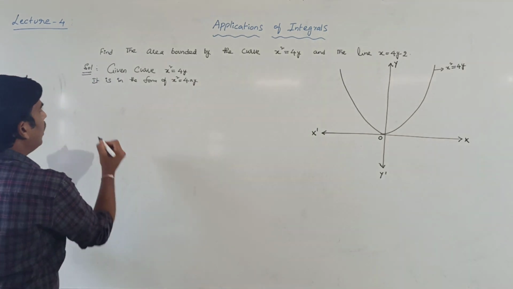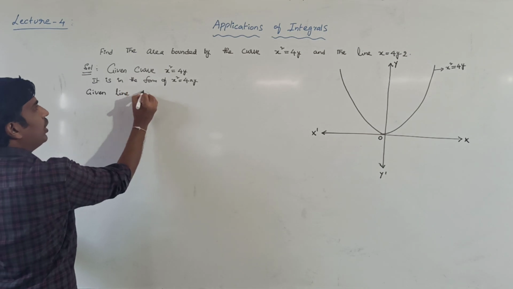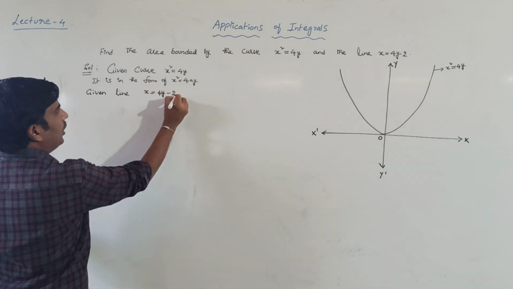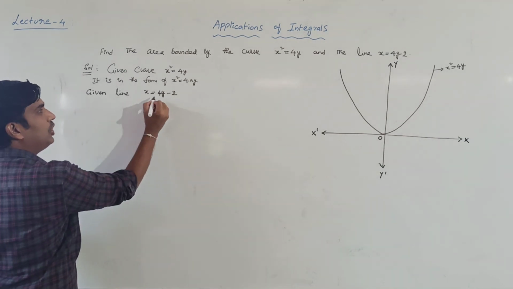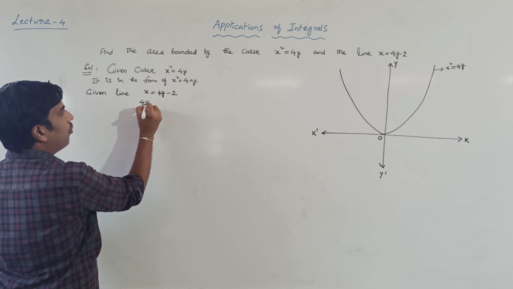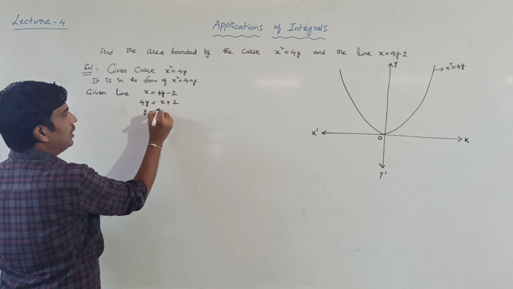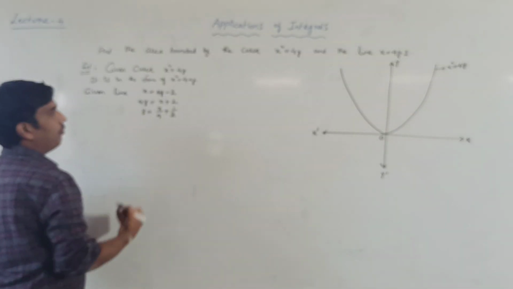Next, one more line equation is given. The given line is x is equals to 4y minus 2. If you simplify, we get 4y is equals to x plus 2, so y is equals to x by 4 plus 1 by 2.